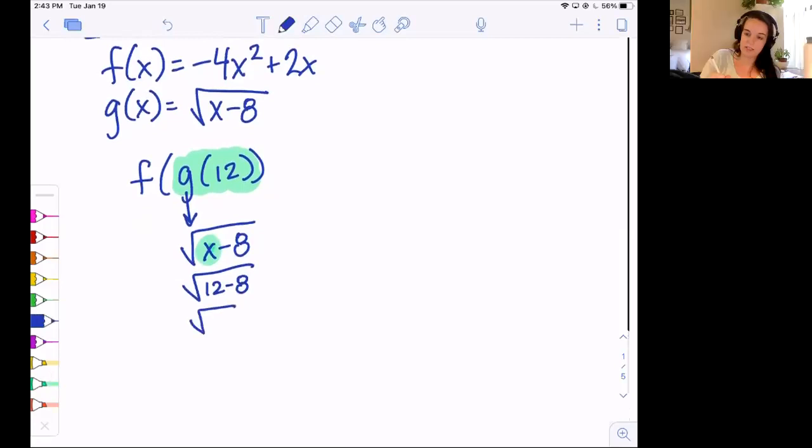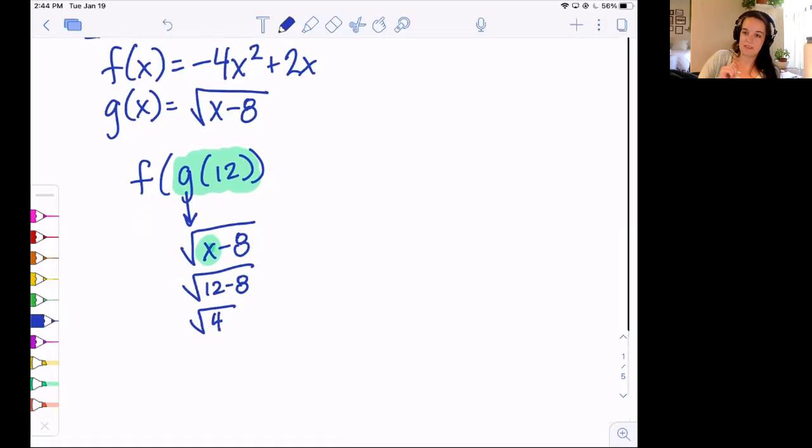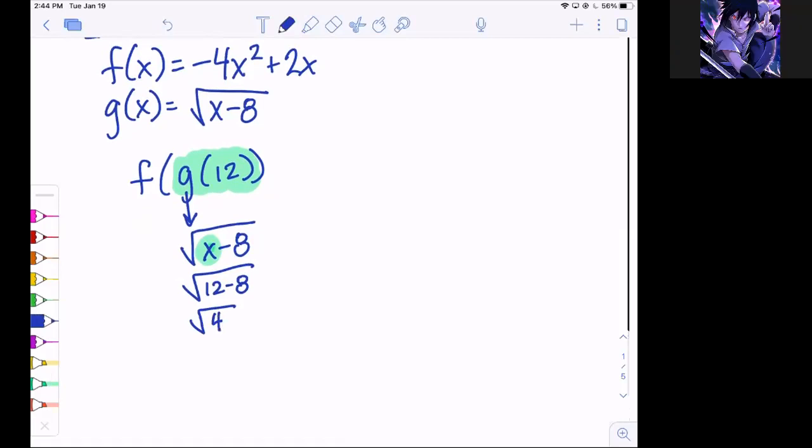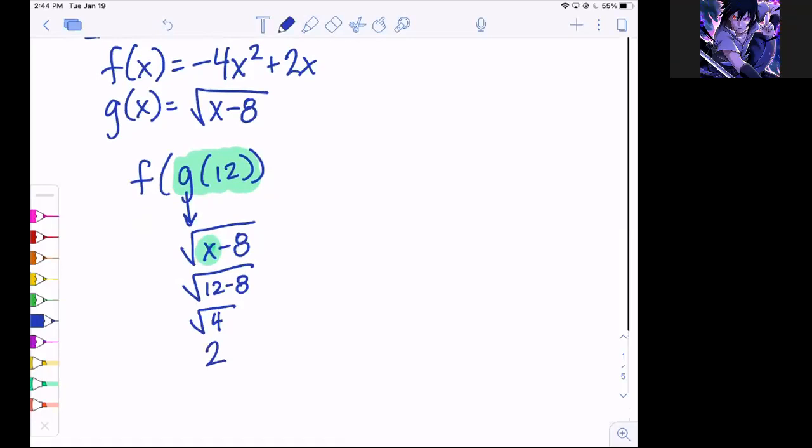Do you know what that's gonna give you? 4. And then since 4, the square root is gonna be 2. Perfect. You want to keep going or you want to toss it? I'm gonna toss it. Okay.